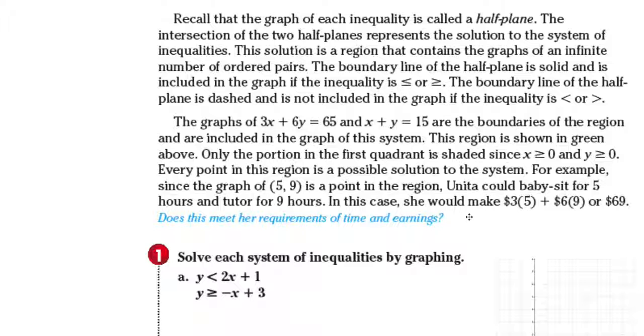Does this meet her requirements of time and earnings? Yes, it would, because (5, 9) represents 5 plus 9, which is only 14 hours of work per week, and at least $65 that she would be earning per week.